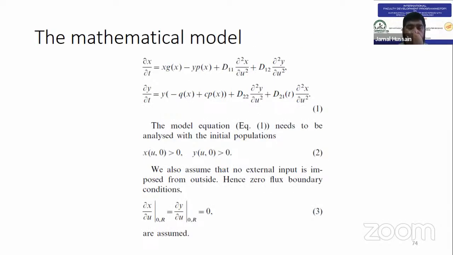And this is the mathematical model. So you can see here, of course, it is prey predator. Which one will be prey here? Which one will be predator? Okay.